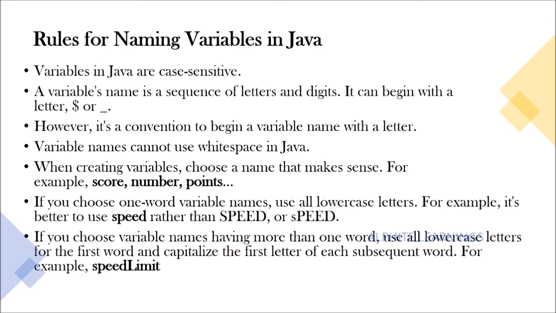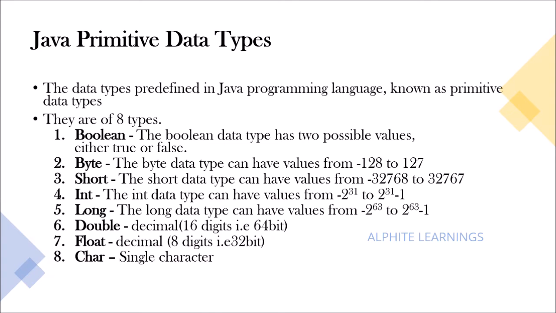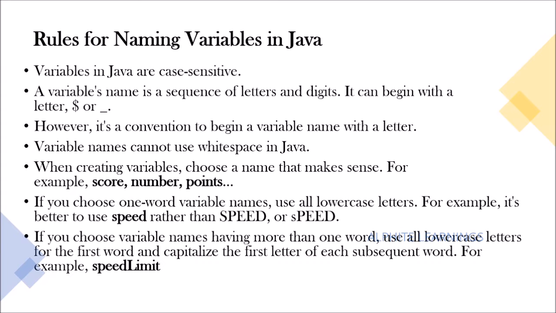Okay, so next we'll see the rules for naming variables in Java. As I have told you, Java is case sensitive, so of course the variables in Java are also case sensitive. Next, what is allowed in a variable name? You can use letters, digits, which means numbers, as well as special characters like dollar or underscore.